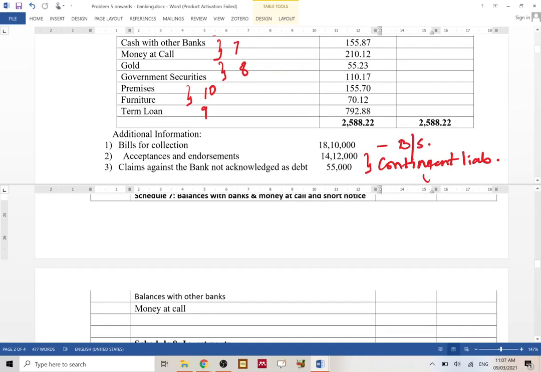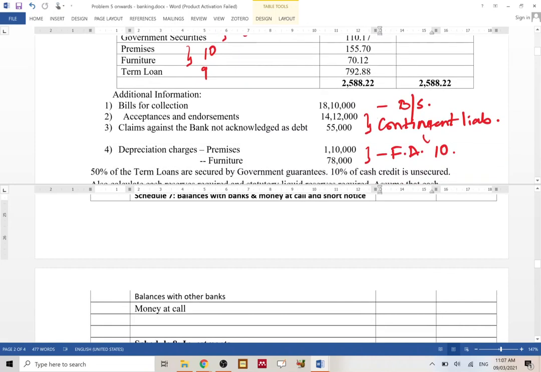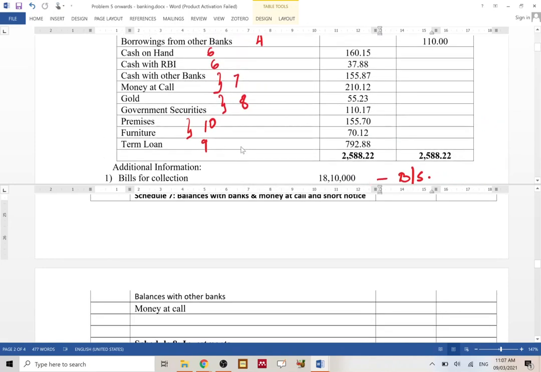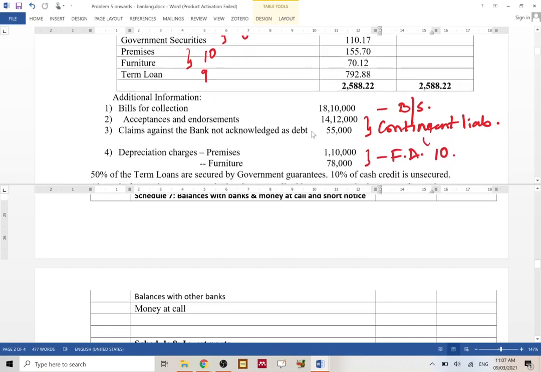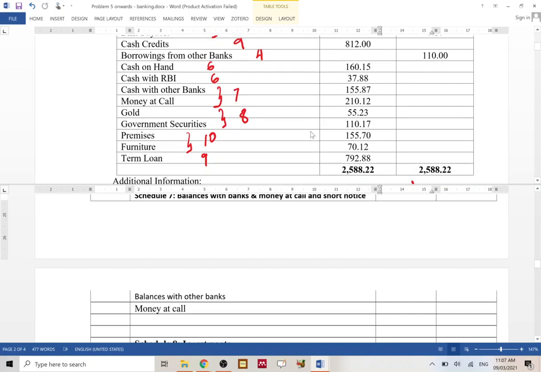Okay. Then cash with other banks and money at call. So balances with banks and money at call and short notice is over here, Schedule 7. So what amounts do we have? I think there is some error over here.